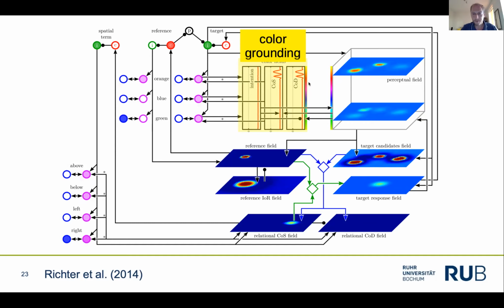We also want to detect the failure of the search, and for this purpose we introduce a condition of dissatisfaction field. That field receives inhibitory input from the color intention field and an excitatory input from the perceptual field.